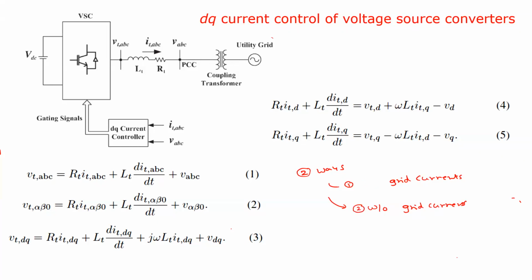So overall, we are now talking about the decoupled control method, and it can be done in two ways: by measuring the grid currents, or without measuring the grid currents.